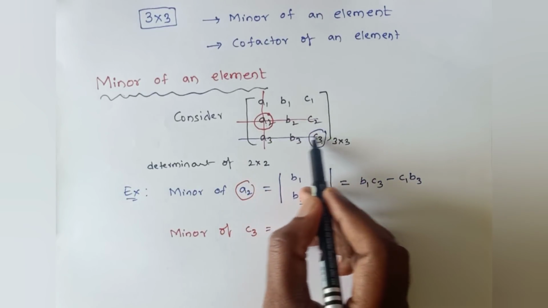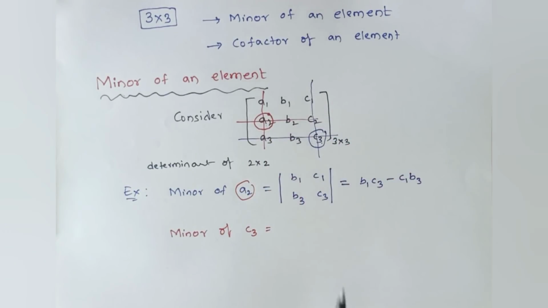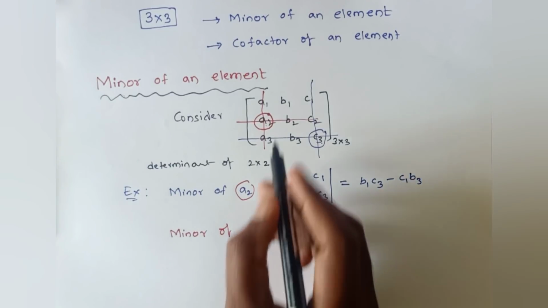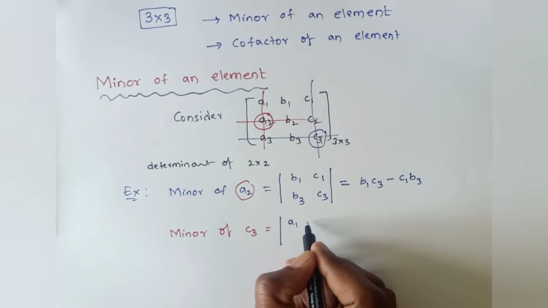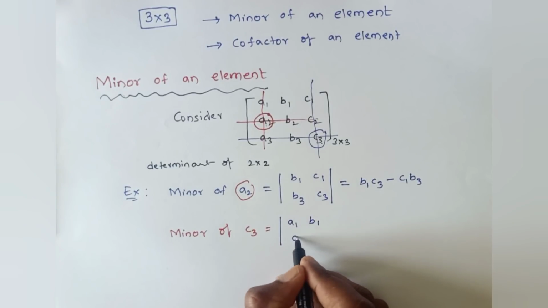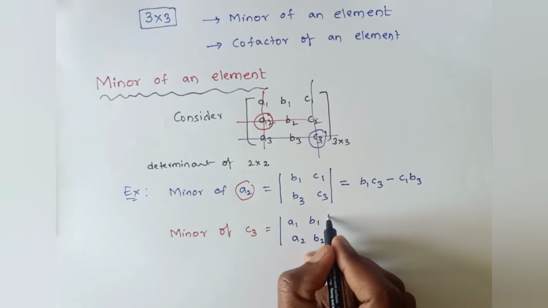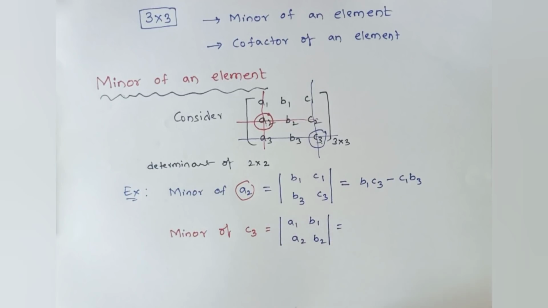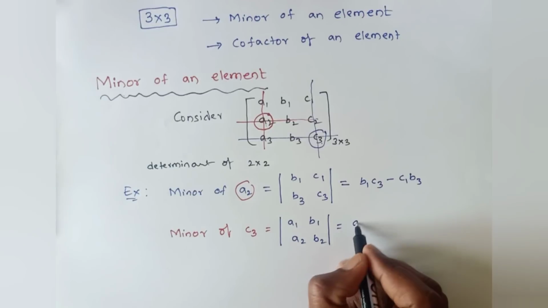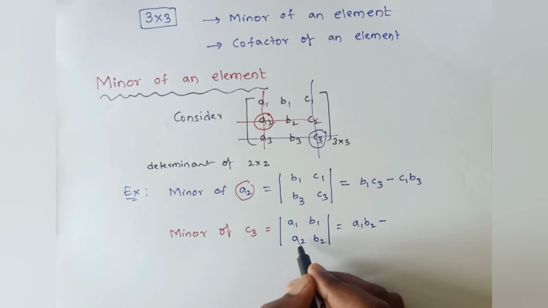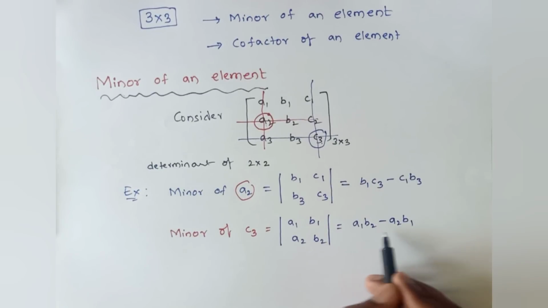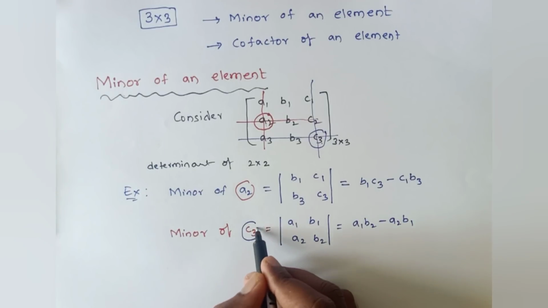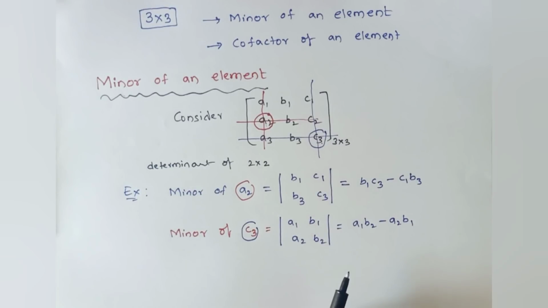Just delete this row and this column. The remaining elements are A1, B1, A2, B2. Evaluate the determinant of this 2 by 2: it is A1 B2 minus A2 B1. So this number A1 B2 minus A2 B1 is called the minor of the element C3 of this given matrix.